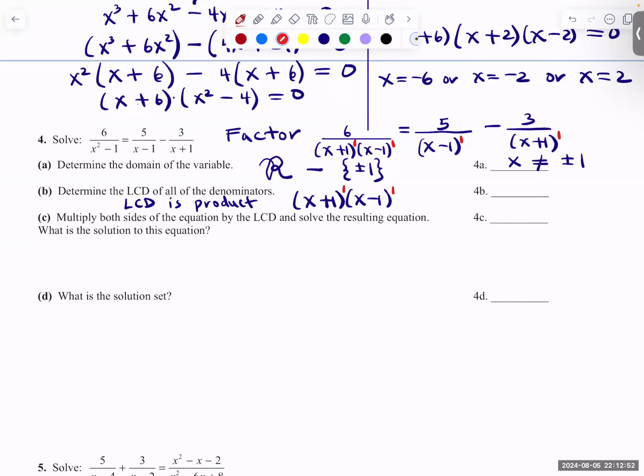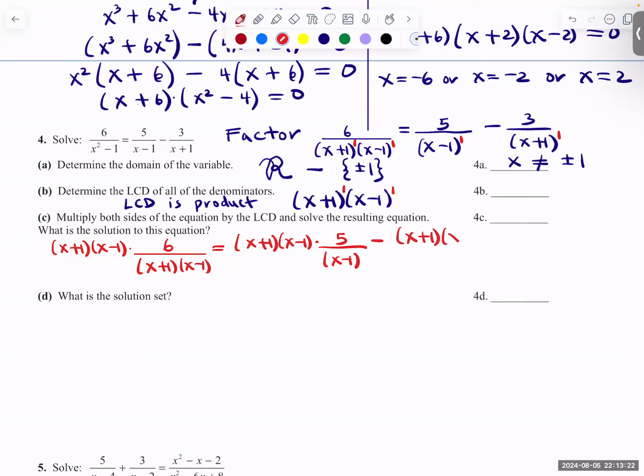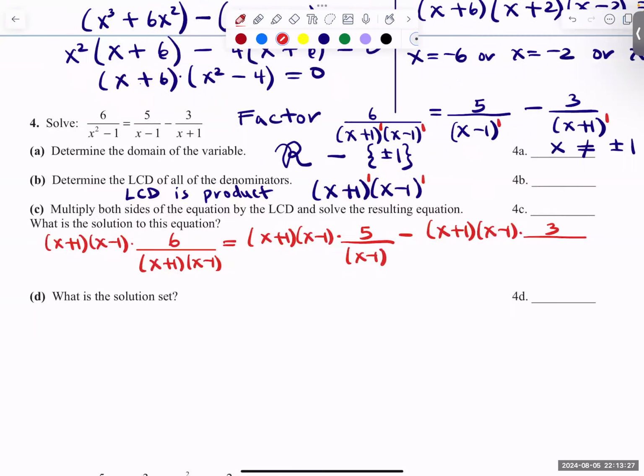So we're going to go x plus 1, x minus 1 times 6 divided by the product of conjugates, equals x plus 1, x minus 1 times 5 divided by x minus 1, minus x plus 1 times its conjugate times 3 divided by x plus 1.